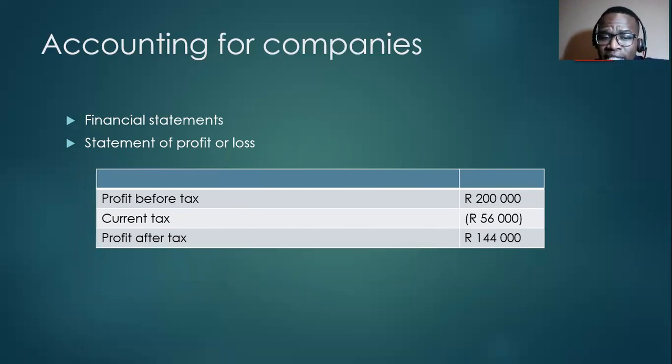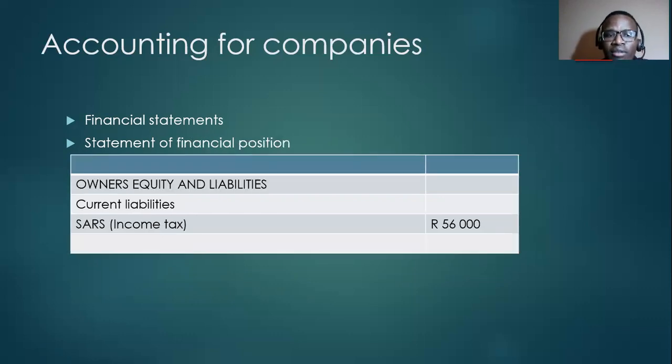It's obliged to pay tax to SARS. That tax to SARS is at 28%, and it's called current tax. So it's 56,000. It means the company is left with 144,000 that is available and maybe to be distributed to the shareholders, as we've seen previously when we were talking about dividends, right?